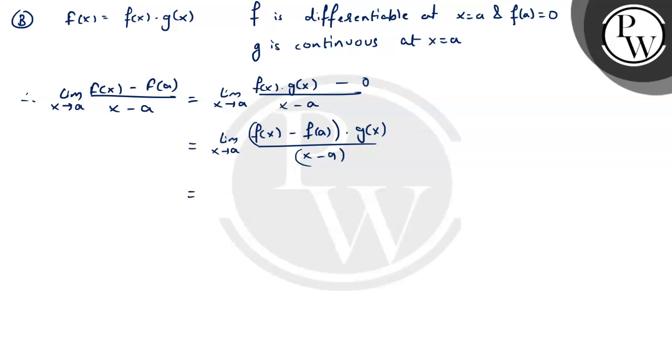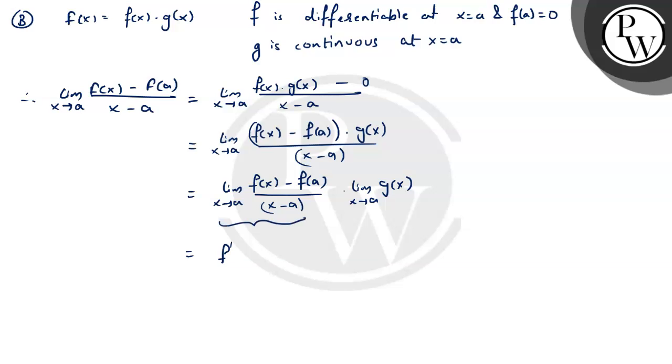So now, since both the limits exist, as f is differentiable and g is continuous, we can split the limits. So we have the limit as x tends to a of (f(x) minus f(a)) divided by (x minus a), multiplied by the limit as x tends to a of g(x), which is equal to, so this expression gives us the derivative of f at a, and since g is continuous, the second value is g at a.